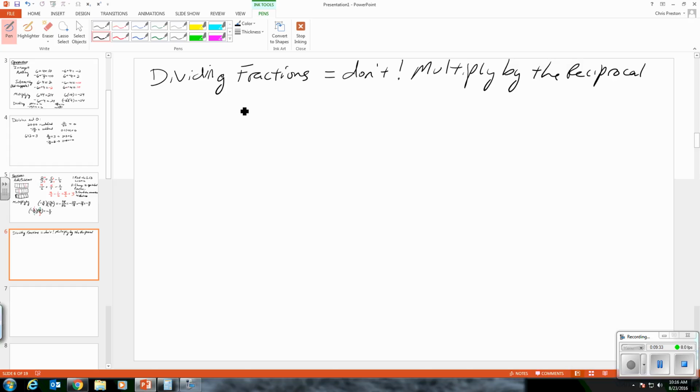So let's say we have 24 over 16 divided by 12 over 8. Well, I'm not going to do that problem. Instead, what I'm going to do is 24 over 16 times 8 over 12. I'm going to do the reciprocal, or flip the second part of this problem over. And then I'm going to do a multiplication.